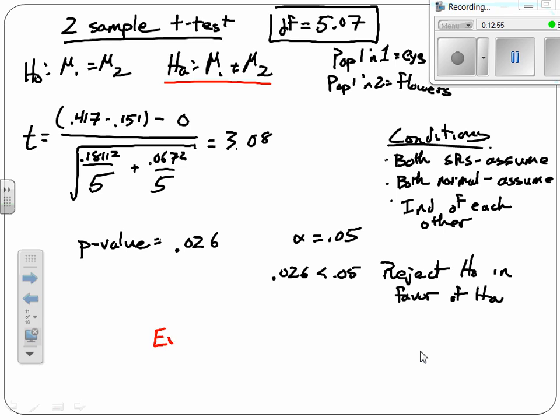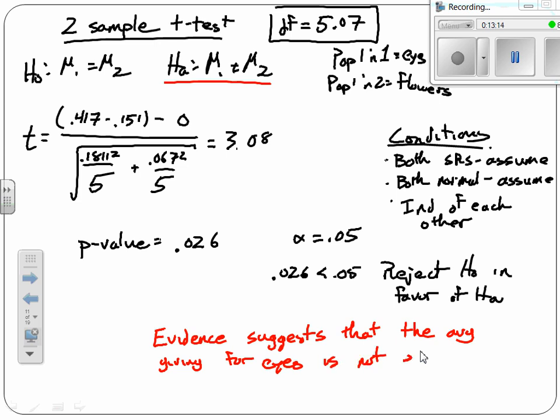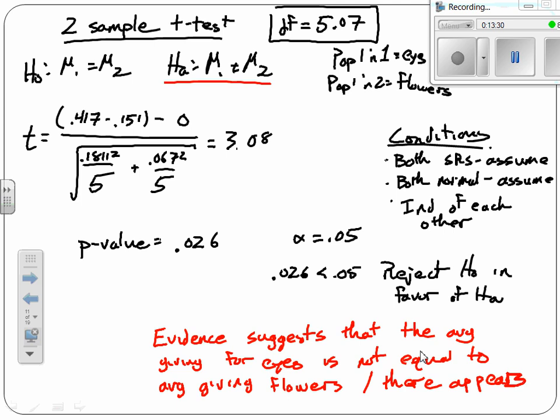So evidence suggests that the average giving for eyes is not equal to average giving for flowers. You could also say there appears to be a difference, right? There appears to be a difference.